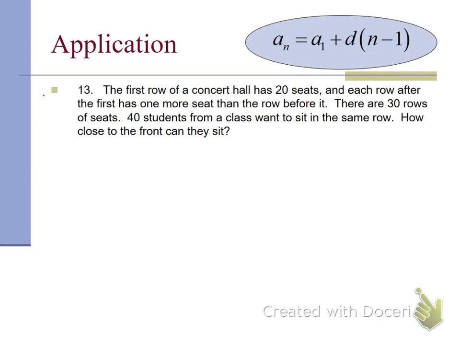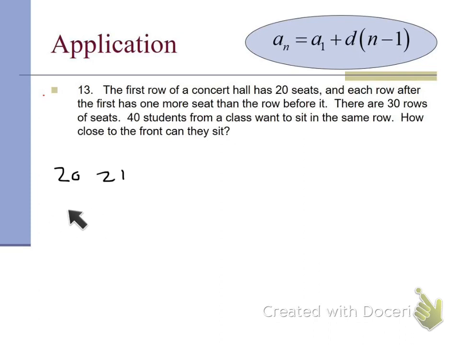We need to find where we go from 20 to exactly 40 students. This one's pretty common sense, wouldn't you agree? If the first row's 20, the next row's 21, and so forth.